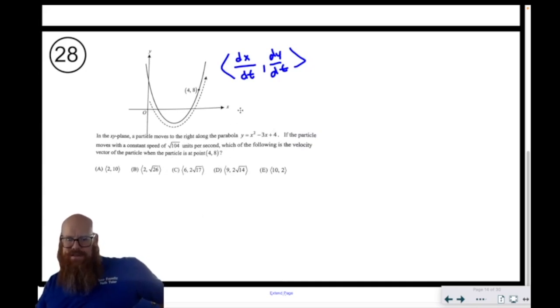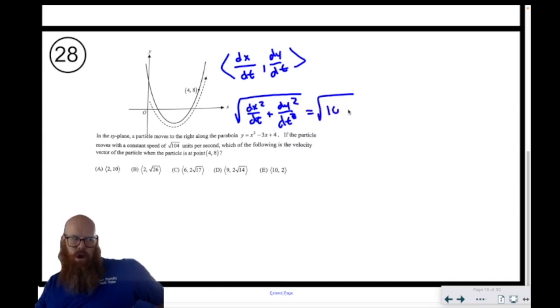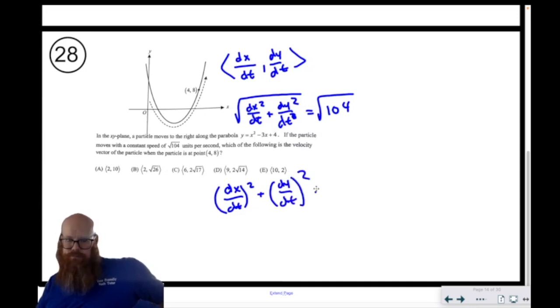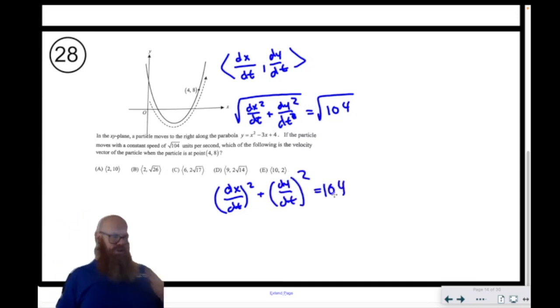And we should know that speed is the square root of dx/dt squared plus dy/dt squared. So it's basically just the Pythagorean theorem. So they're telling us that that's equal to root 104. All right? And that just means that dx/dt squared plus dy/dt squared is equal to 104. That's what we have so far.